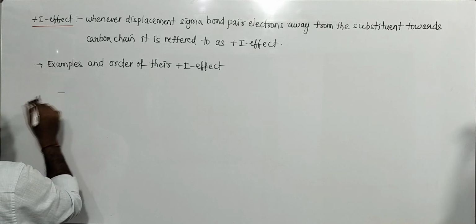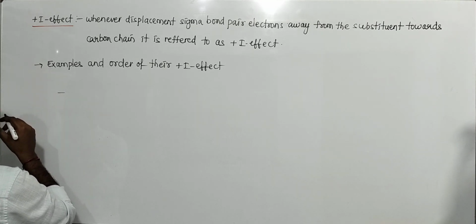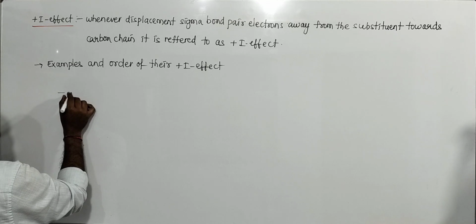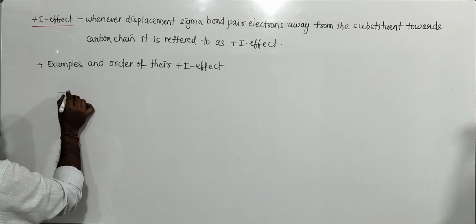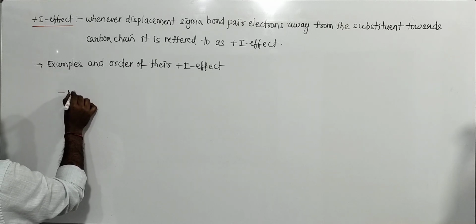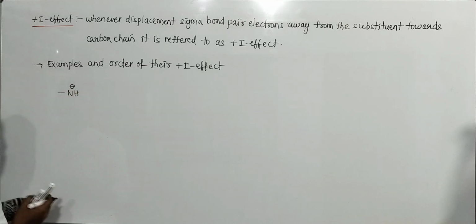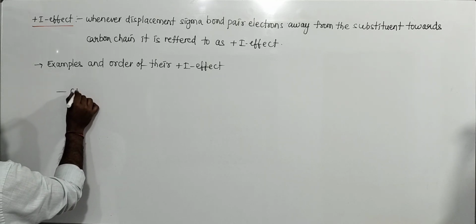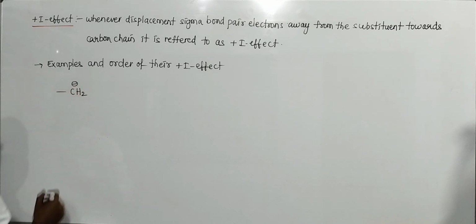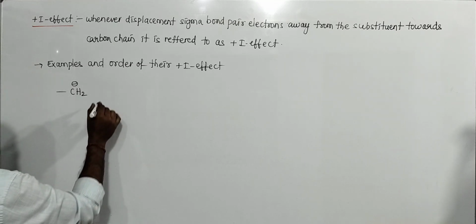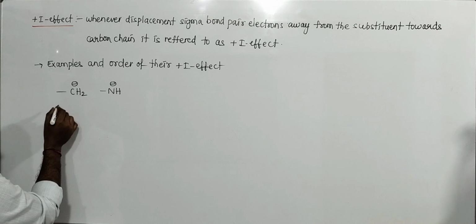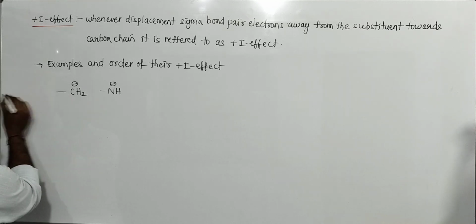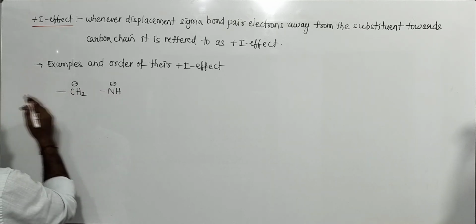So first of all, the NH minus group and the CH2 minus group have very high plus I effect, because carbon has less electronegativity. Then after that the NH minus group, with negative charge, also pushes electrons.